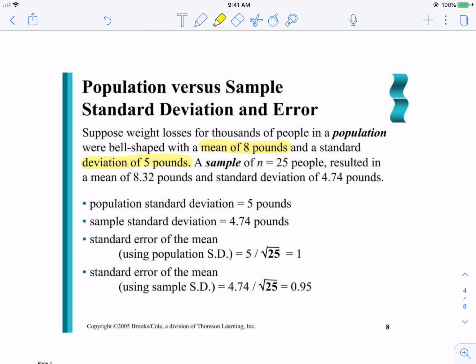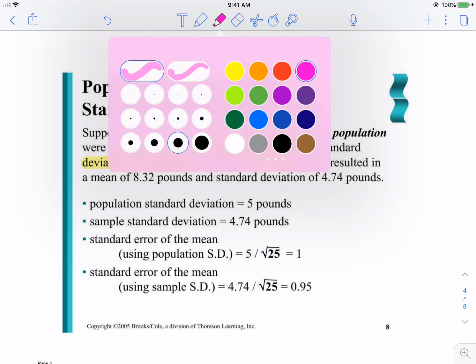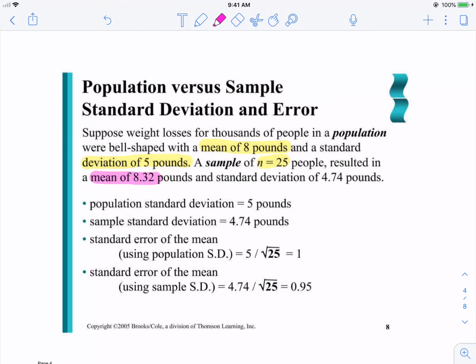From our sample of 25 people, the mean weight loss of that sample was 8.32 pounds, and the standard deviation for that sample was 4.74 pounds. So we can see the similarities between the population standard deviation and the sample standard deviation. The population standard deviation was 5 pounds. Our sample standard deviation of 4.74 pounds, that's pretty close. Close enough for our calculations.